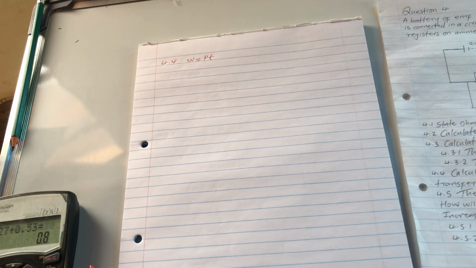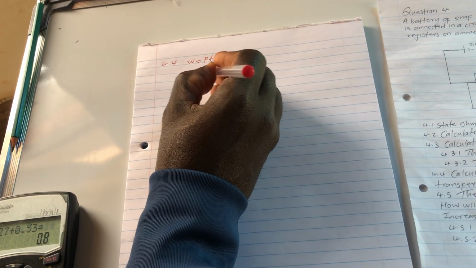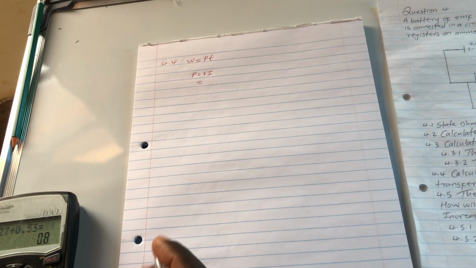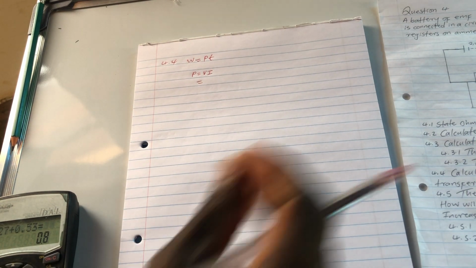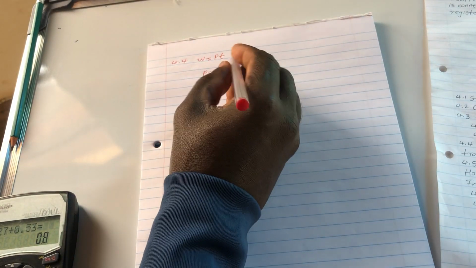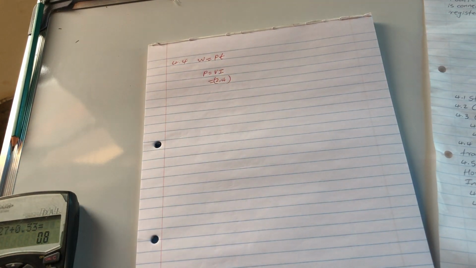How do we calculate power? Here's the formula, P equals to V multiplied by I. Is V given? Yes, V is given. It's 2,4. Is I given? Do we know our total current?